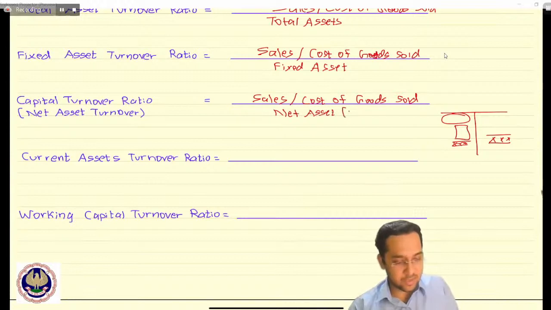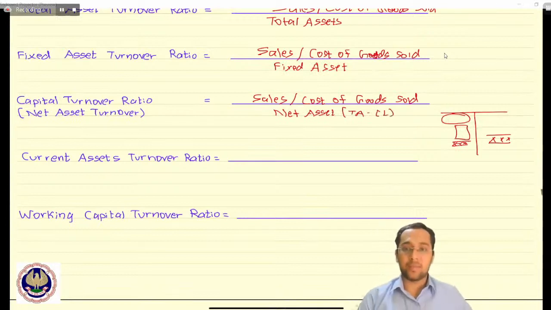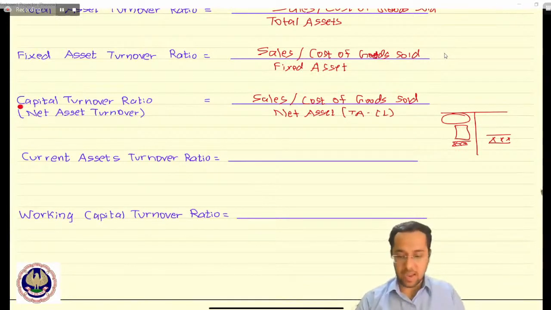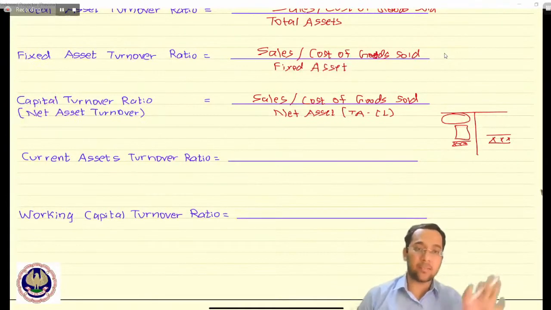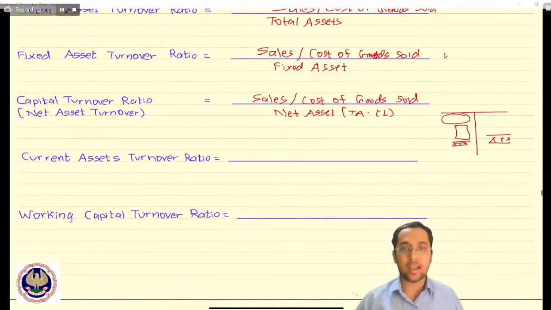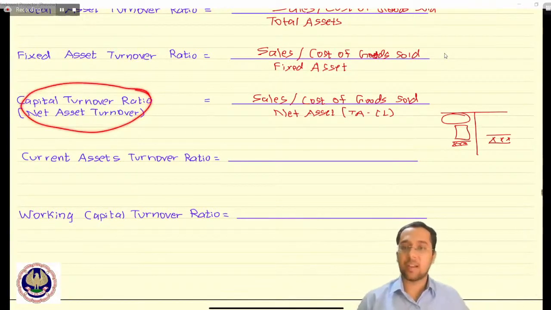When you say net asset, that is total asset minus current liability. Whenever we say capital, don't interpret it as the capital we had in a sole proprietorship. What we mean by capital is the owned funds and the borrowed funds combined. So how effectively we are utilizing our capital is represented by the capital turnover ratio.